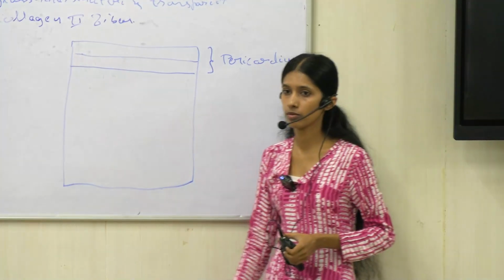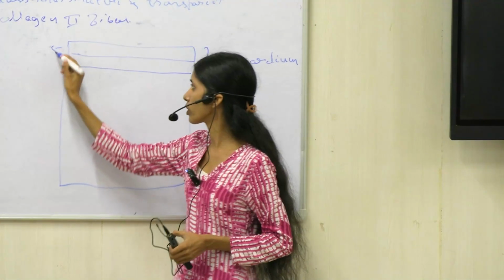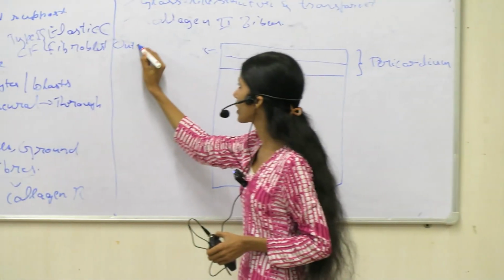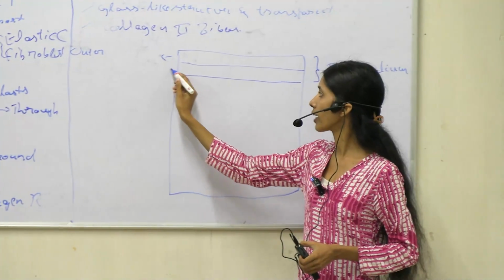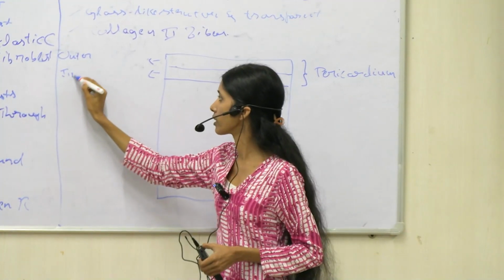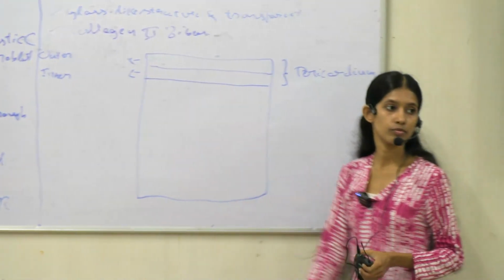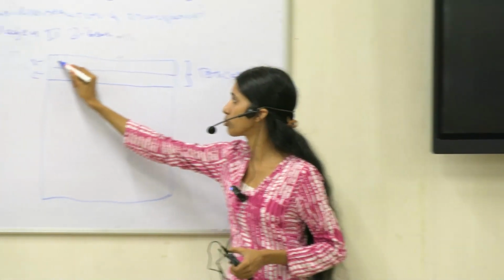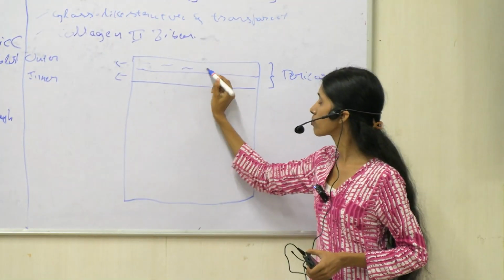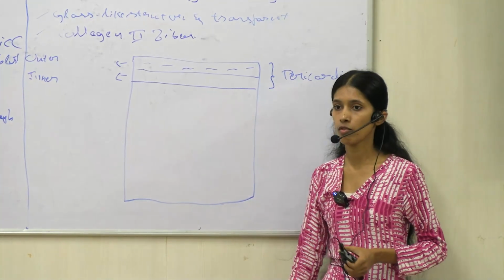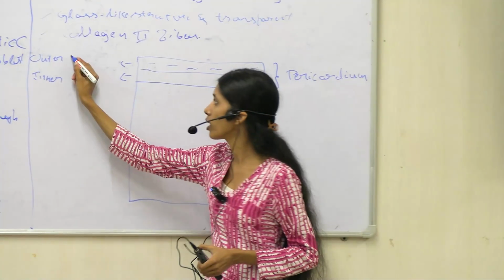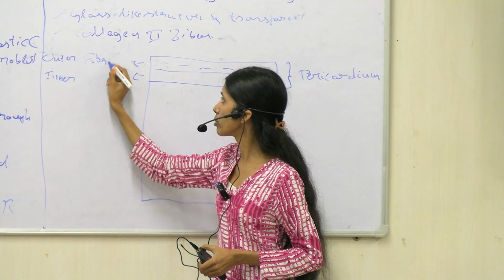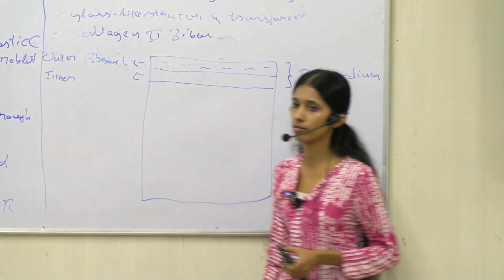In this perichondrium again I will divide into two layers. So now this one will become the outer layer, and this one will become the inner layer. In the outer layer we can see the presence of fibers. So this is called outer fibrous layer.